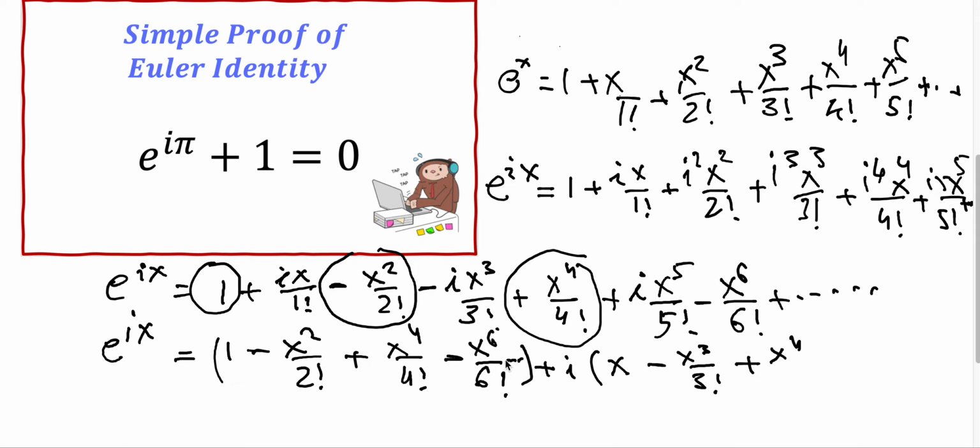This can continue, but it always contains even exponents of x and does not contain the pure imaginary number i. But this one has odd exponents and contains the imaginary part. This is x to the 5 over 5 factorial, and this continues.